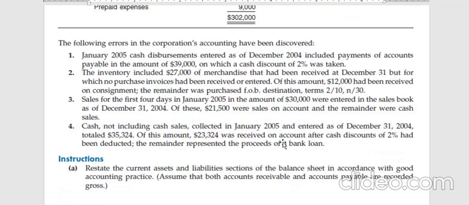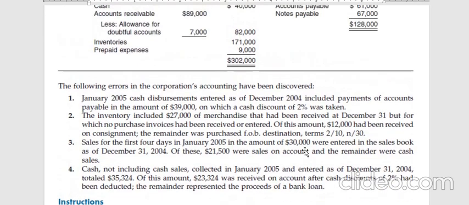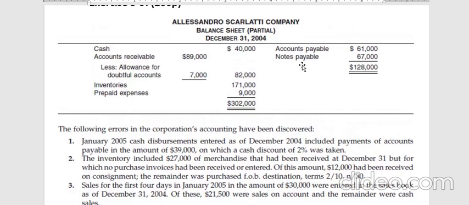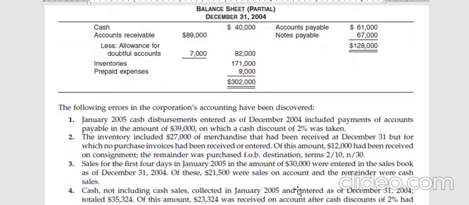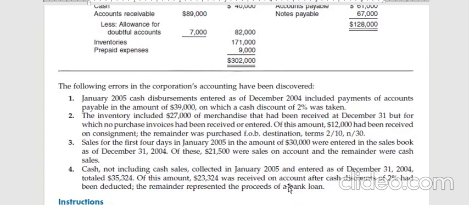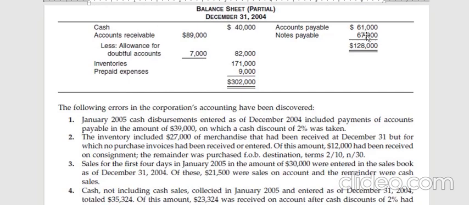So this $12,000 which we received on January 5 was a bank loan. Now we are not given any account for the bank loan here, but as a bank loan is a contractual agreement and note payable is also a contractual liability, we assume that this $12,000 cash that we received was added here, and the liability was also created here.